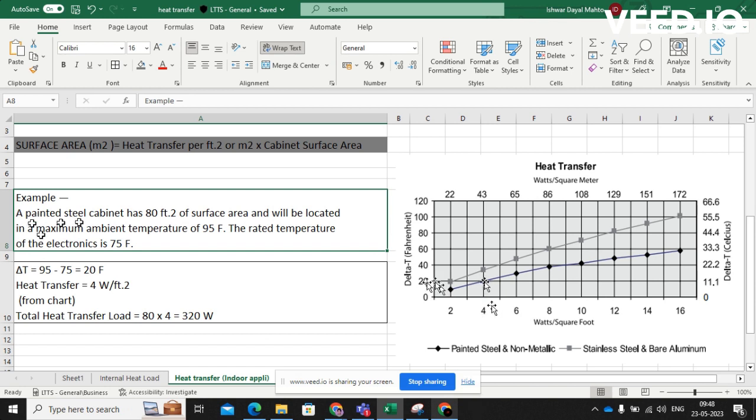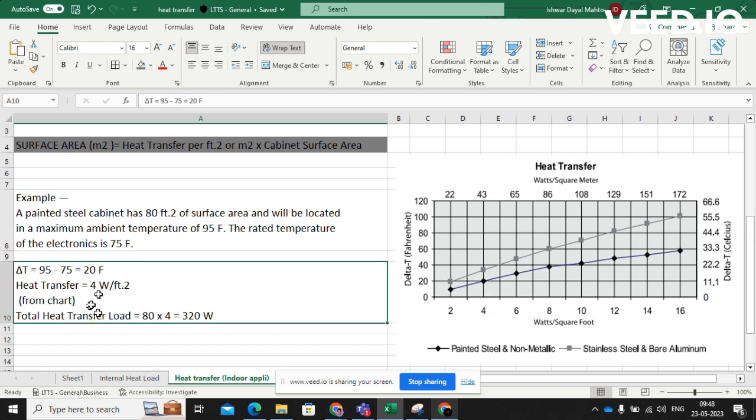So we multiply the surface area of 80 with 4 watt per square foot, and we get 320 watt.